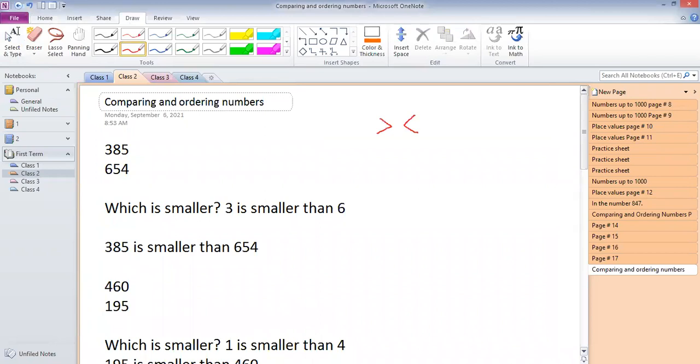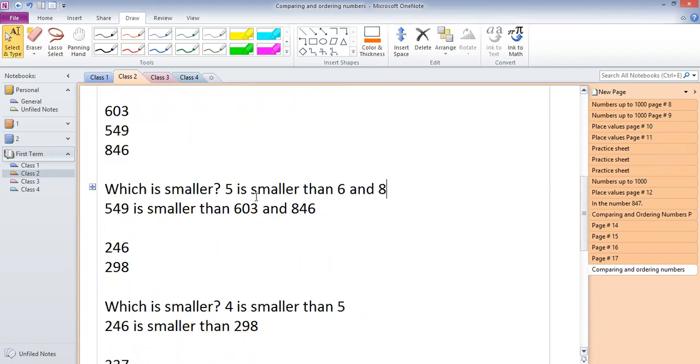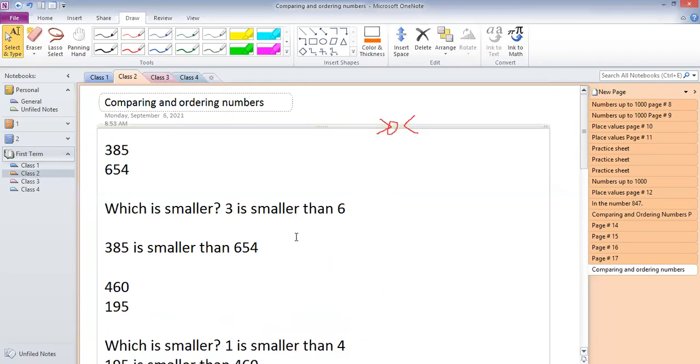So guys, if any number is smaller than another number, then the tail of it should be in front of the smaller number and its mouth should be in front of the bigger number. Like here, 385 is smaller than 654. So how can I write it? I can also write like this, that 385 is smaller than 654.